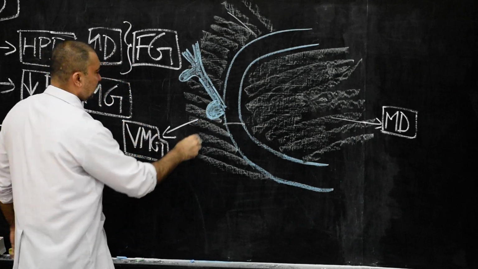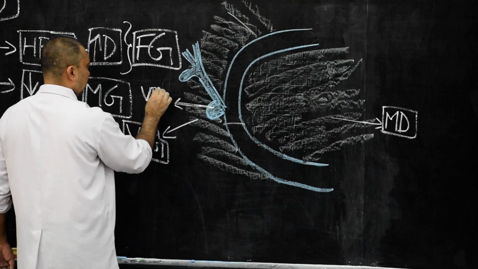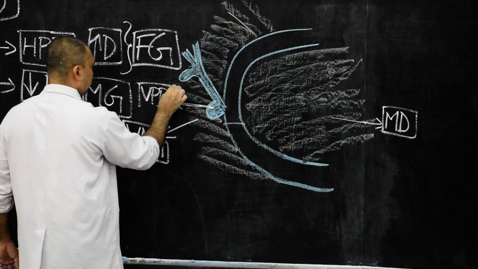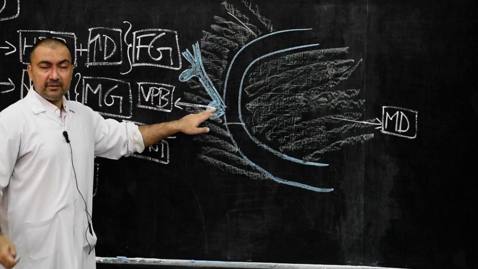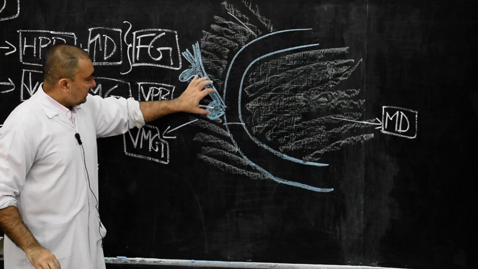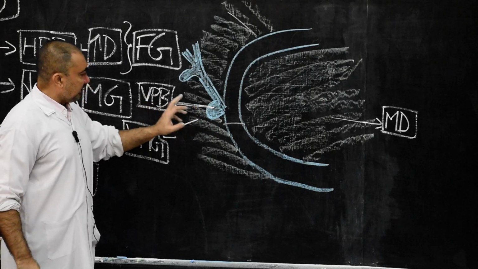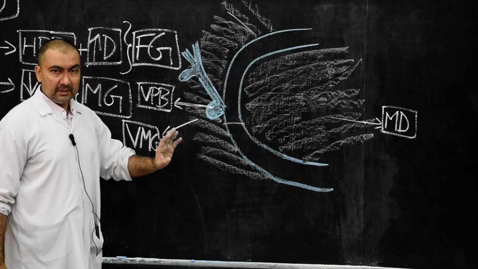Here we mark it as ventral pancreatic bud. This ventral pancreatic bud will develop into the lower part of the head of the pancreas. So the hepatopancreatic bud involves the ventral pancreatic bud from the ventral portion of the duodenum.